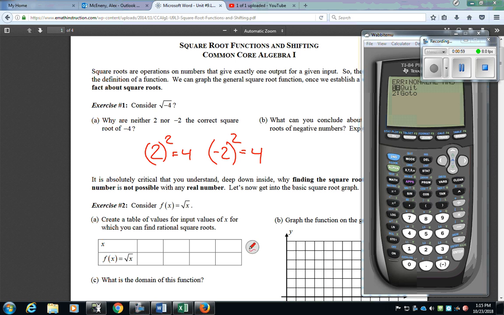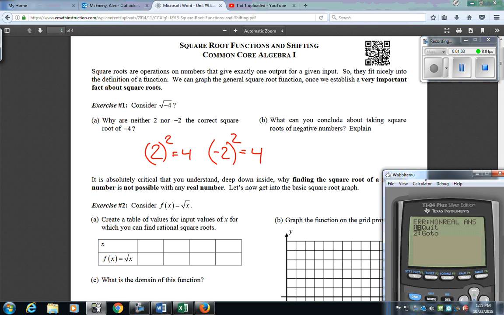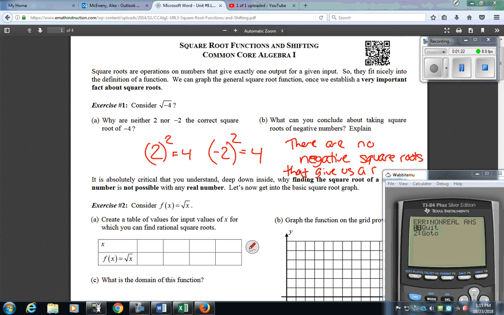So, for part B, what we can conclude is there are no negative square roots that give us a real number answer.